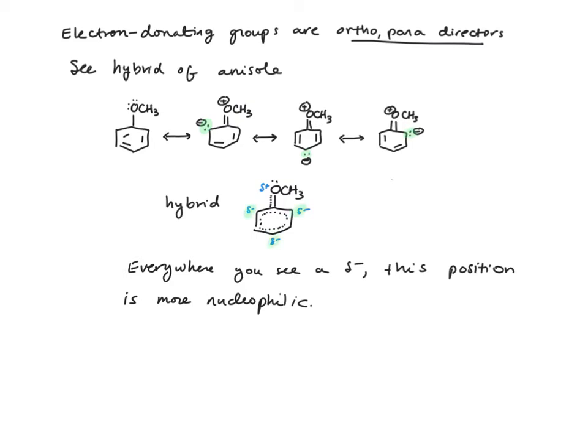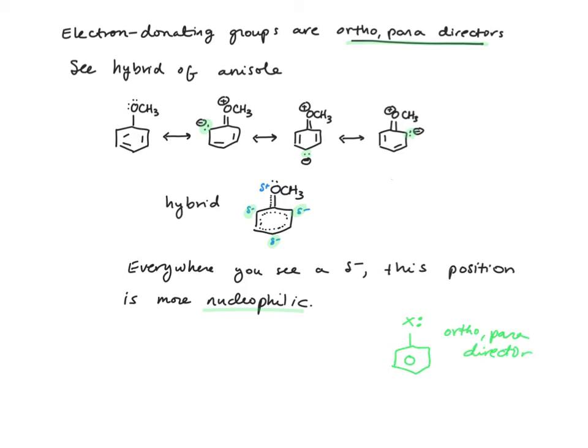These are going to be the nucleophilic positions, and this is going to make anisole an ortho-para director. Whenever you see lone pairs that are on the atom adjacent to the benzene ring, so this gives you a general structure of X, where X could be any atom, and it has a lone pair, then this is going to be an ortho-para director.